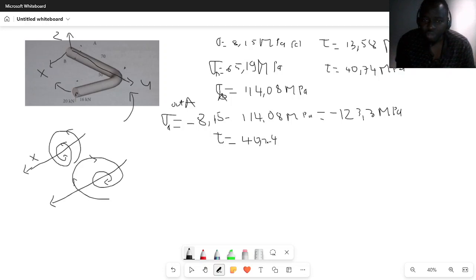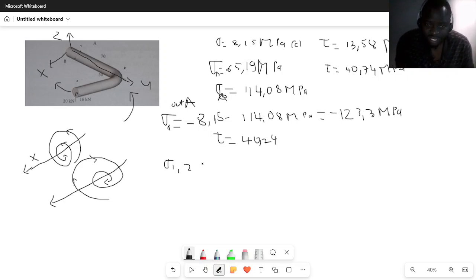Now, Mr. Kotso, so if we have to go to maximum shear and maximum stress, we use our formula that says rho 1, 2. Let me write it. Let me copy it.